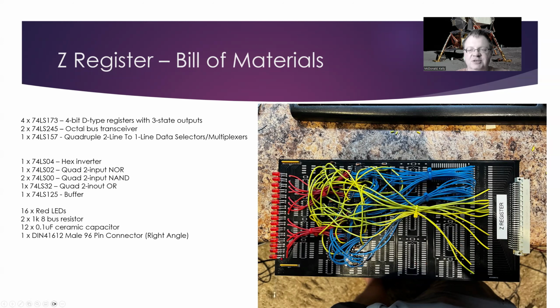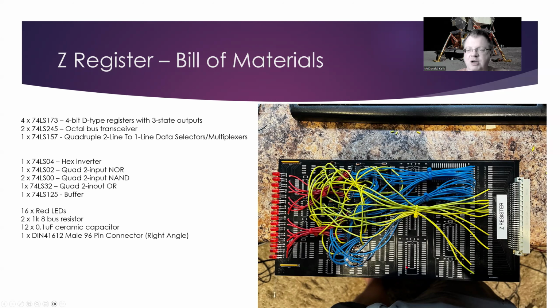Got LEDs on the front so I can see what's in a particular register, and some supporting components so that everything works. And because each and every register and control card and clock is going to be different, I didn't design a custom printed circuit board for each and every card. If I did, this would very quickly become a very expensive project.